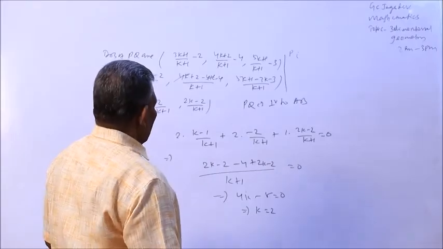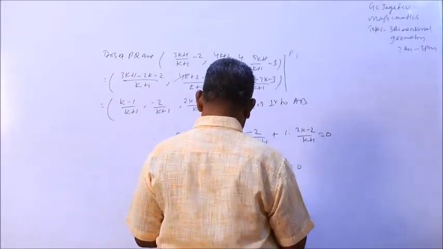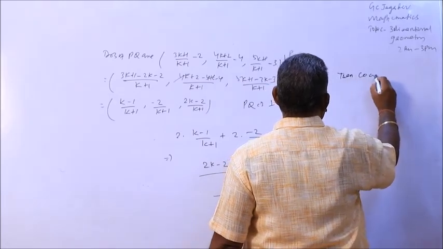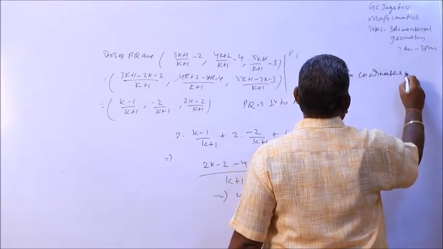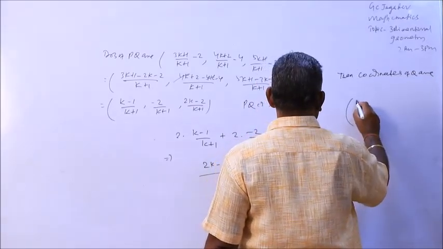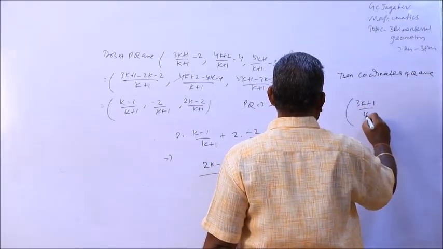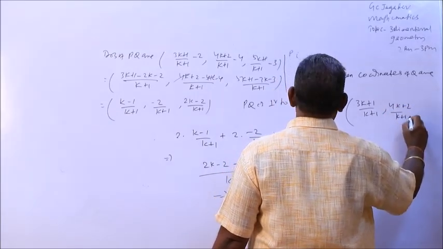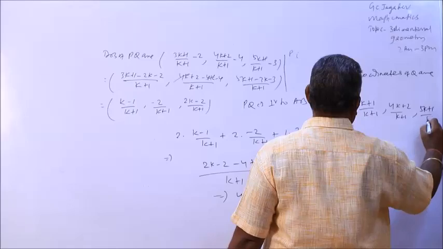So, if k equals 2, then coordinates of Q are, in which form? (3k plus 1) by (k plus 1), (4k plus 2) by (k plus 1), (5k plus 4) by (k plus 1).